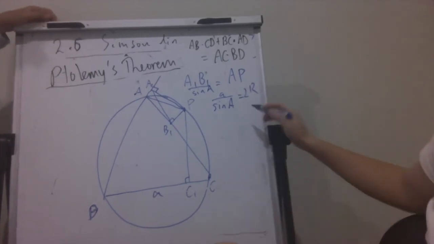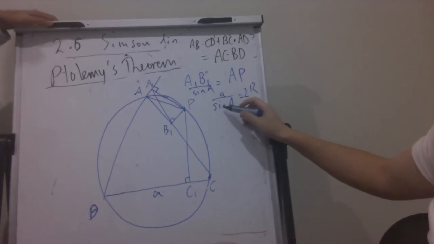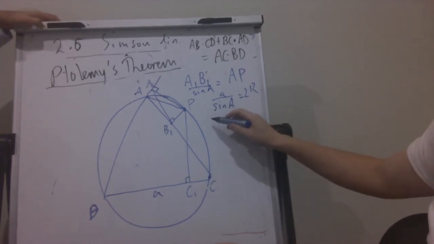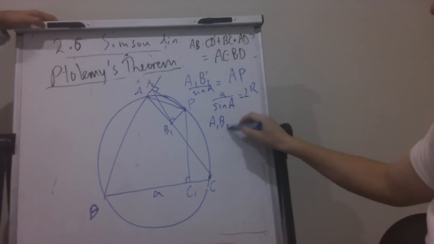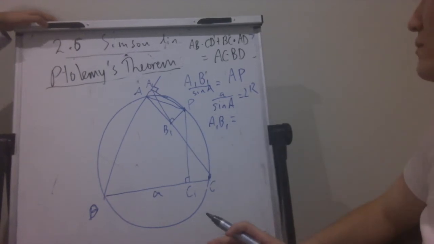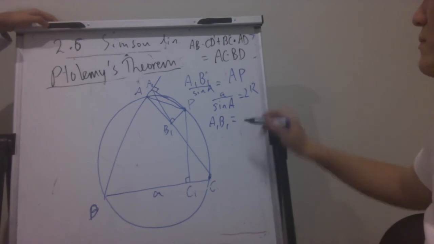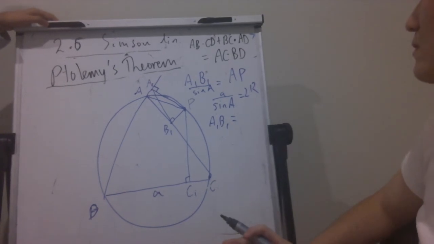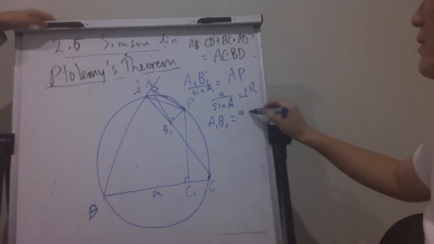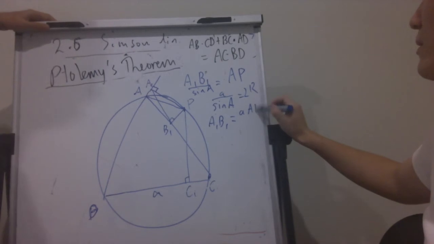All right, so can you see? The point of this is to eliminate sine A, right? So you have A1B1 equals A times sine A, which is AP on 2R.